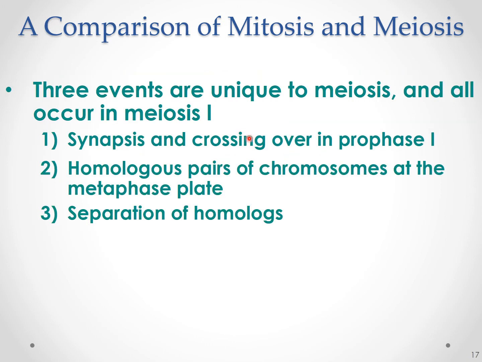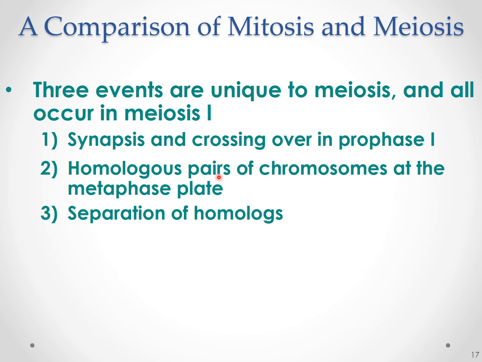Now, there are 3 events that are unique to meiosis, and all of them occur in meiosis 1. Remember synapsis, when the homologous chromosomes line up and match up, and then crossing over between the non-sister chromatids within the homologous chromosomes. This occurs in prophase 1.